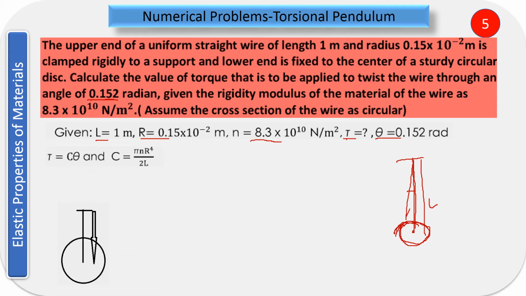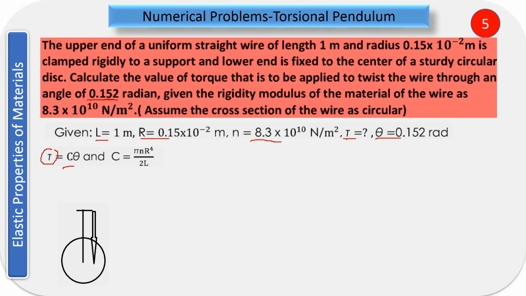All right. So now we know that tau, the torque that you are going to produce, is equal to C into theta, where C is the couple per unit twist, and theta is the angle through which you are going to twist, and that value will give you the torque that is required to twist this wire, right?